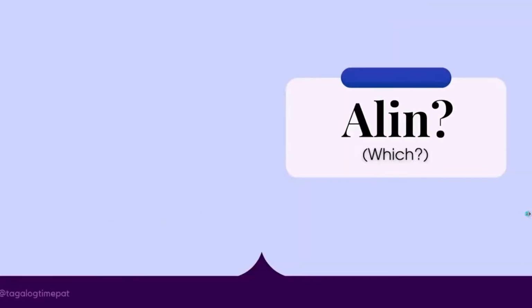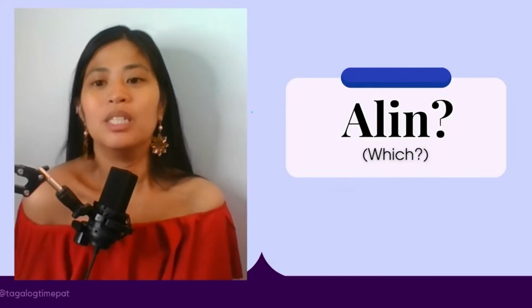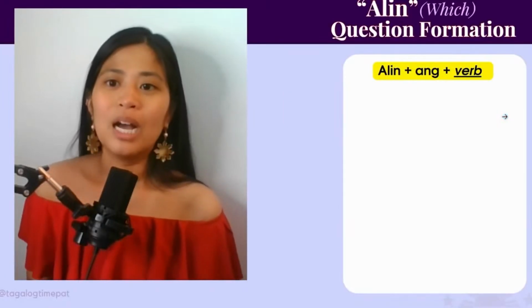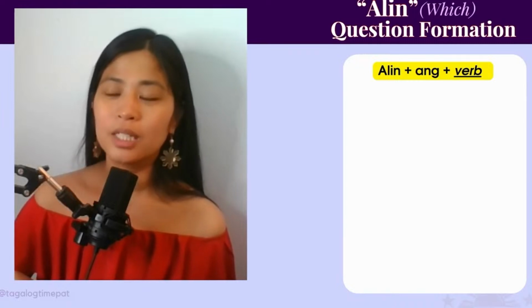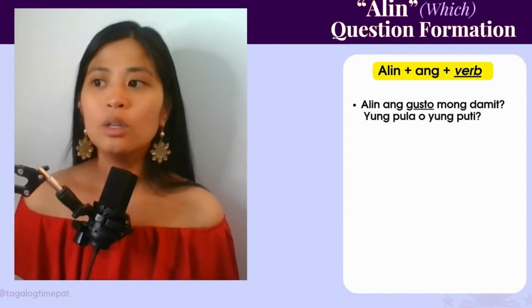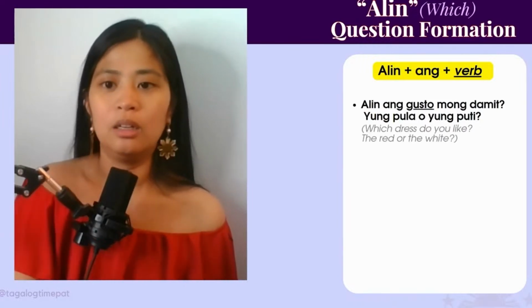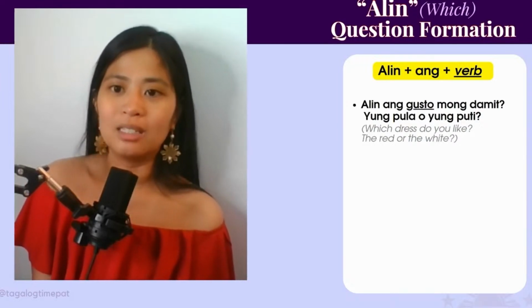All right. So those were different ways to ask for how many. This next question word, alin, means which. Alin. So alin ang plus a verb. So alin ang gusto mong damit? Yung pula or yung puti? Which dress do you like? The red or the white?